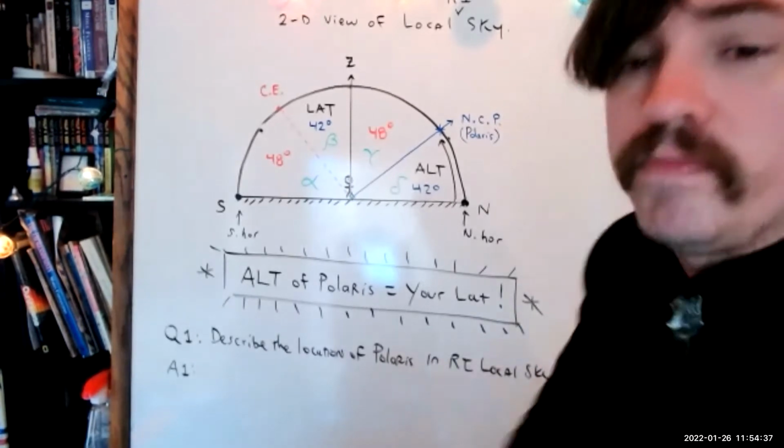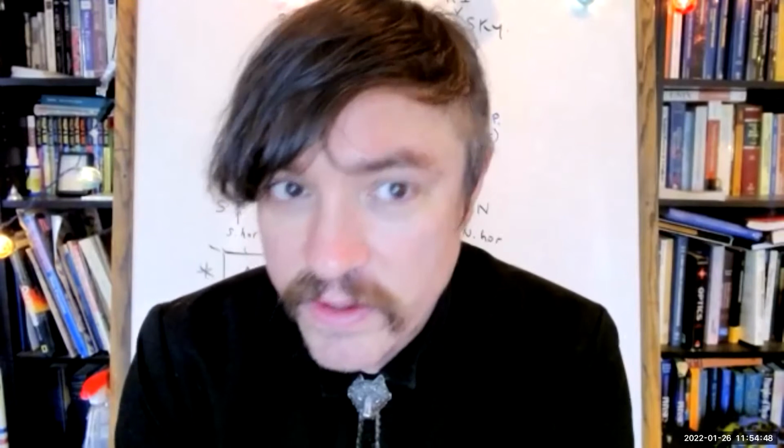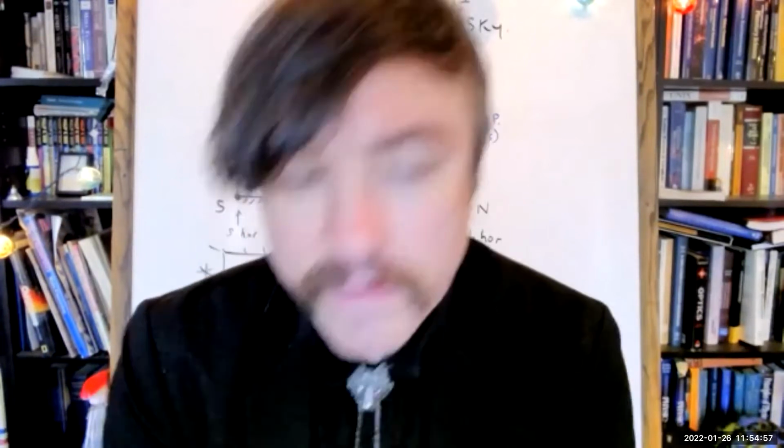Well, okay, here's what you're missing. Last class, I taught you a coordinate system to properly describe the position of an object in your local sky. What is that coordinate system called? The horizon. Great.